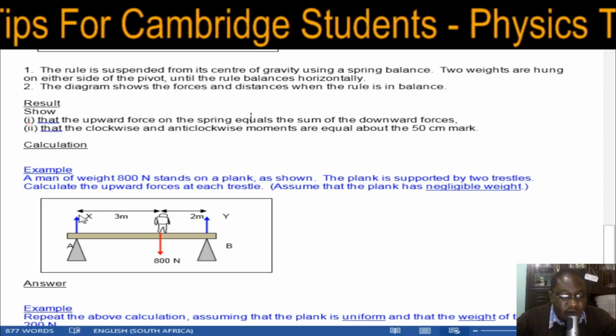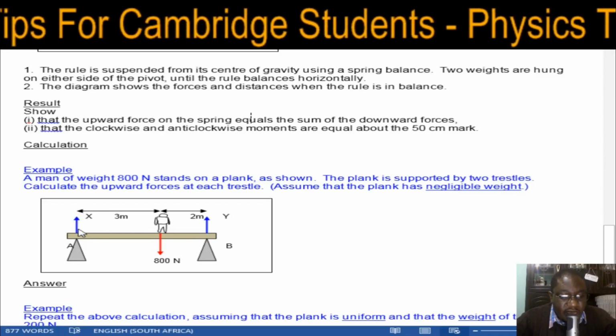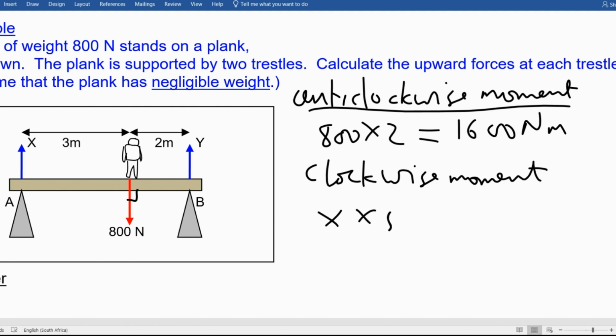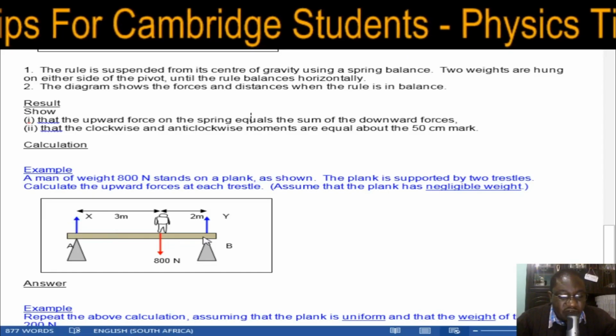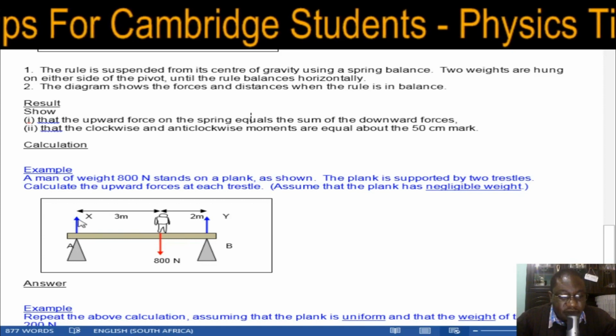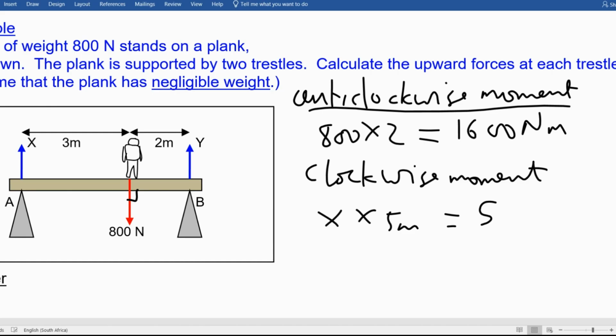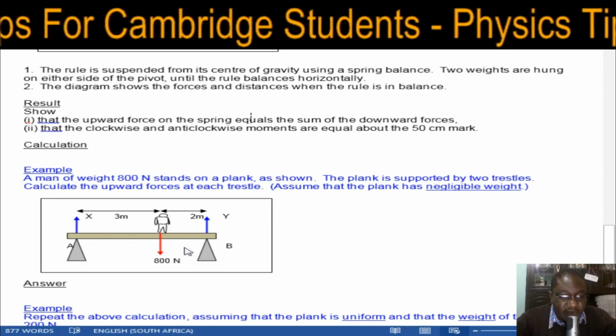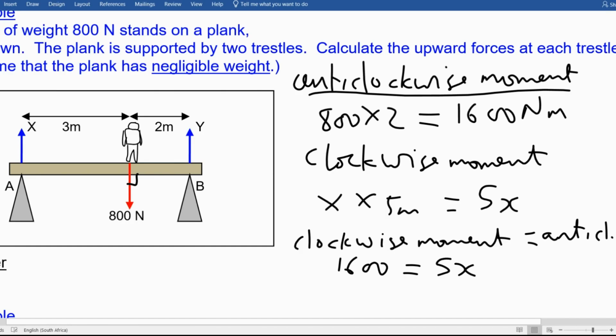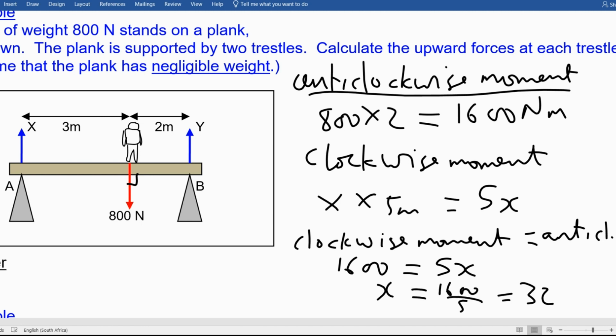And then the clockwise moment here will be X times the 5 meters from the pivot. So this force times the distance from the pivot, 5 meters, is going to be 5x. Then equate 5x to the 1,600 that you got earlier. So 5x equals 1,600, and then you find x. X will be the force here.